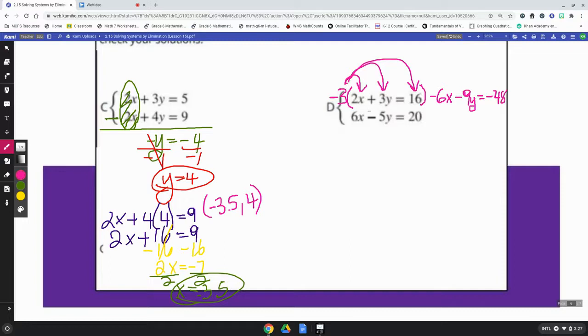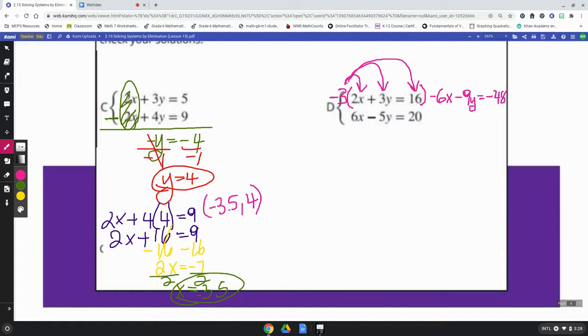So if I graphed this equation, negative 6x minus 9y equals negative 48, and I graph 2x plus 3y equals 16, you would get the exact same line. They're equivalent because I multiplied all elements of the equation by the same number.